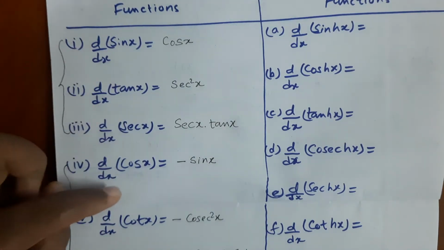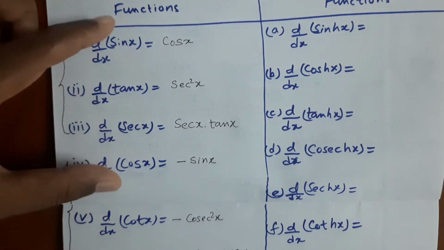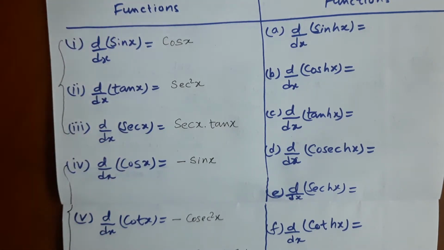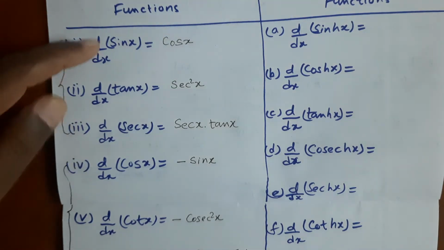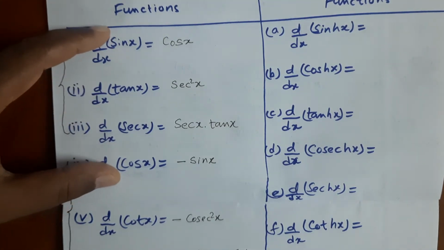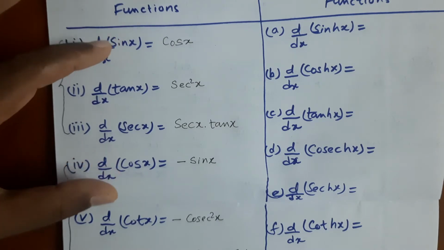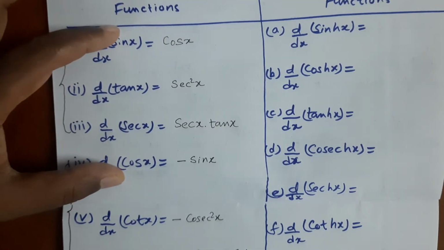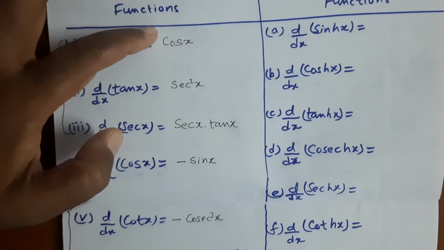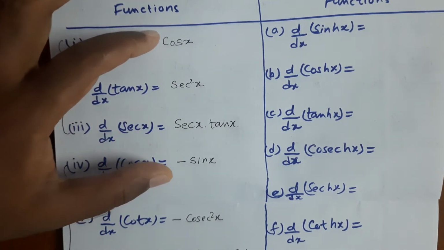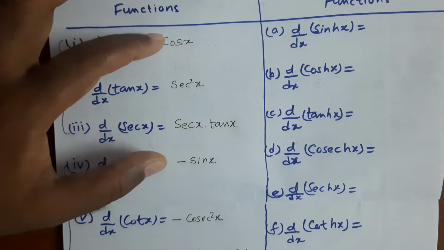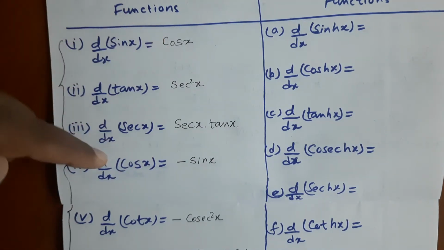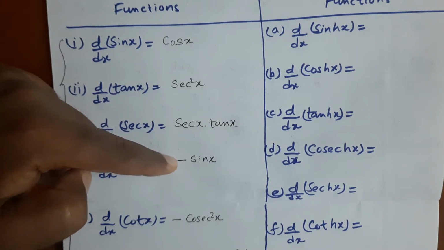Sine and cosine are together, like a worker and a co-worker, they are friends. Similarly, sine and cosine are friends, and to attract each other, their signs must be different, because in science you have learned that opposite charges attract. So the sine derivative has a positive sign, and the cosine derivative has a negative sign.